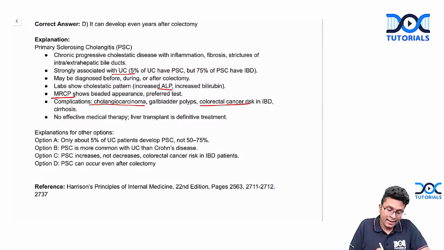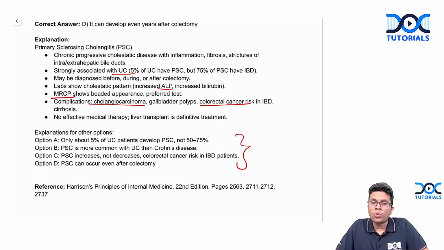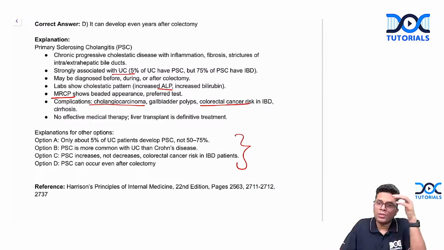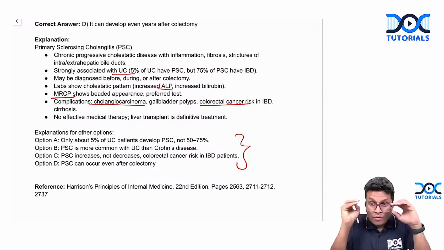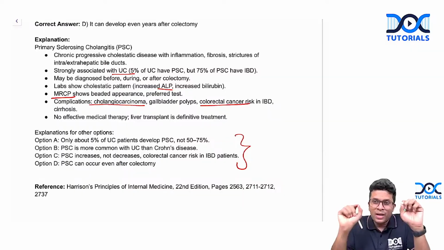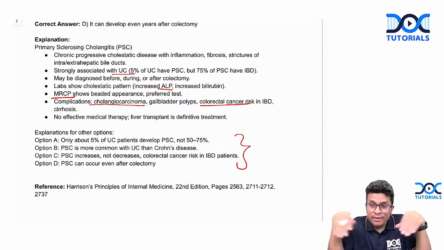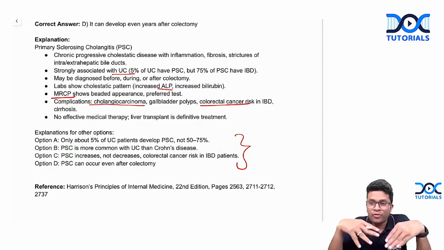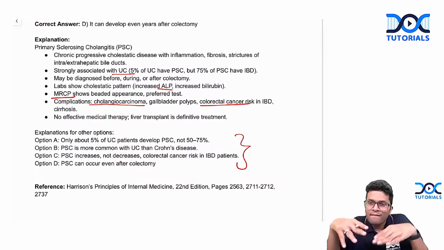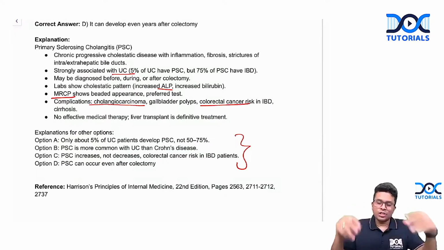What you have to know is that a very small percentage of patients with IBD will have PSC, whereas among patients presenting with PSC, almost 50 to 75% will have IBD. That relationship you should know.